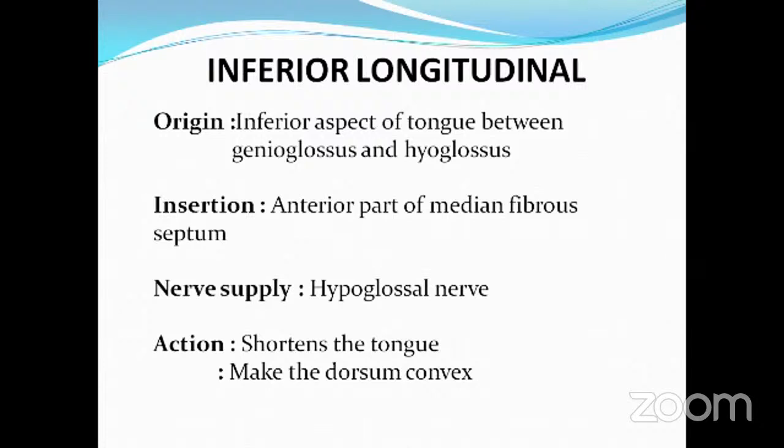Nerve supply by the hypoglossal nerve and its action is it shortens the tongue and makes the dorsum concave.